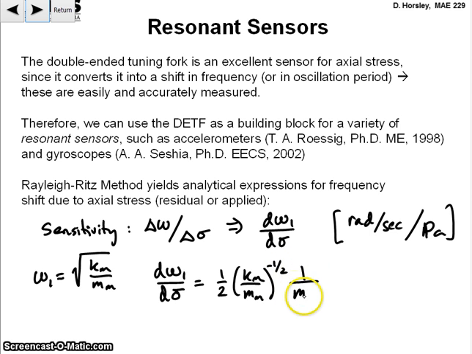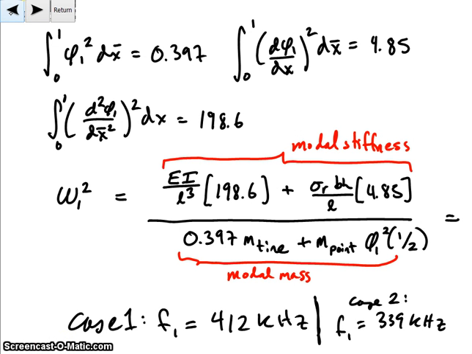So it's 1 over m modal times dk modal d sigma. The reason I wrote it this way is if we look back at the previous slide, you can see that sigma is in the modal stiffness. The modal mass does not depend on the stress, right? That should be obvious. The mass doesn't change. Only the stiffness changes. So it's this dk d sigma that we want to evaluate.